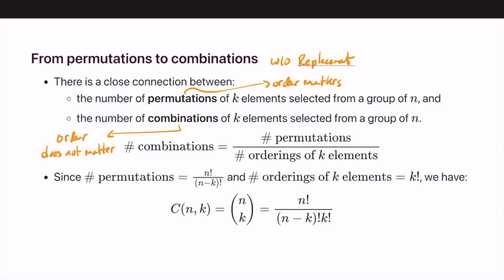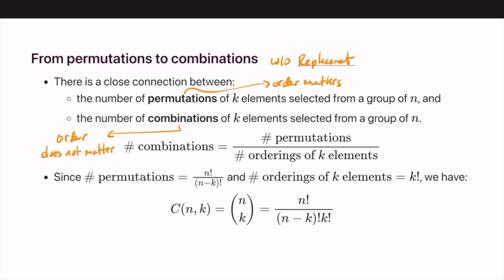And if we look at this equation for combinations, we see one really important thing, and that's that the number of permutations is at the top, and that's n factorial.